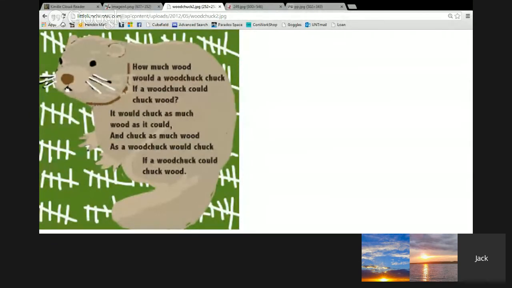The way you can practice this is, so Jack, yes. Read for me once more the first part. I need to feel it. The first part. Yeah. How much wood would a woodchuck chuck if a woodchuck could chuck wood? This is very much how much wood, not how much wood. Yeah. Wood. Okay.